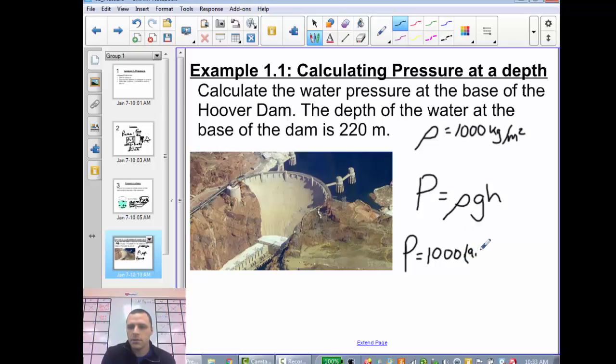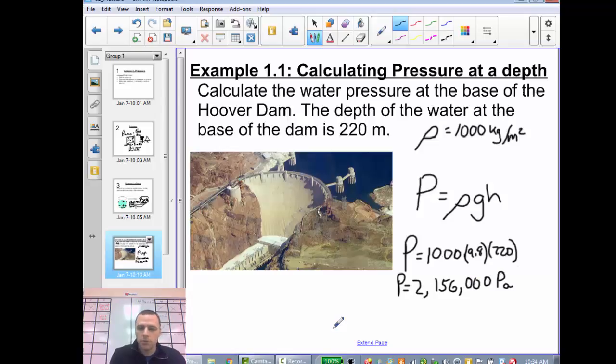So it's 1,000 times 9.8 times 220, and this turns out to be a pretty big number. You can try to calculate it on your own. That is 2,156,000, and the units are pascals.